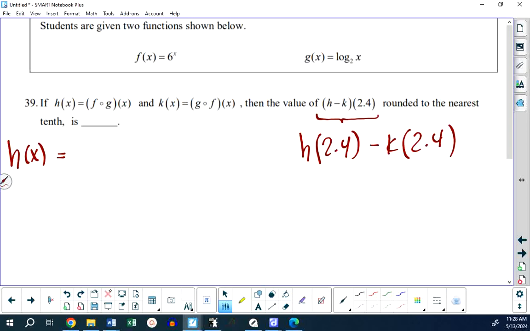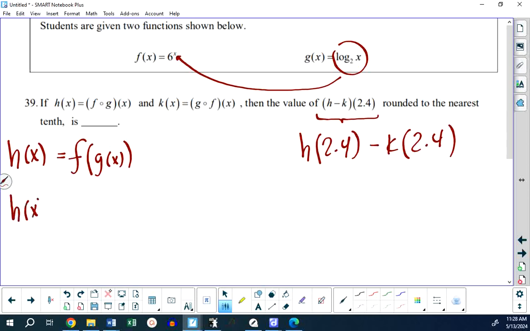So what is h of x? H of x is f of g of x, which means g of x goes in here. So f of g of x, which is h of x, is 6 raised to the log base 2 of x. What is k of x?